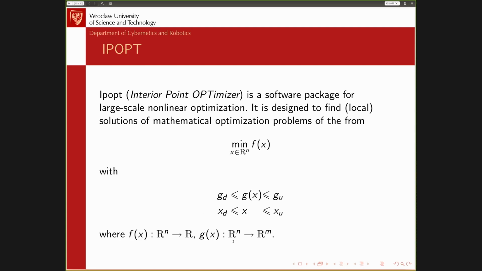This is, I think, the most general form. So probably you can fit most of the problems to this one. Maybe IPOPT won't be optimal, in the sense that it won't solve it in the best way, but it will be able to solve it, right?